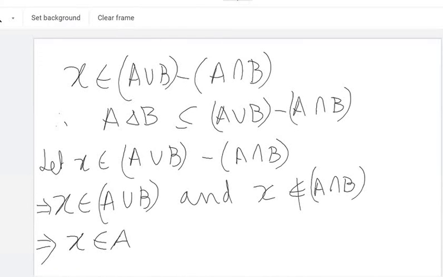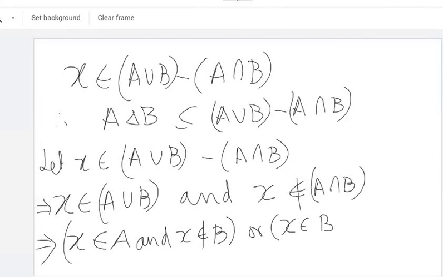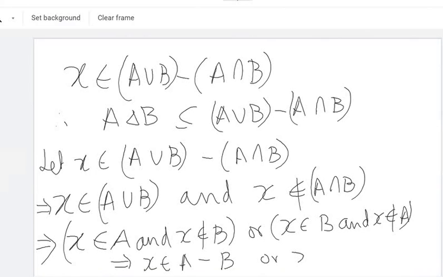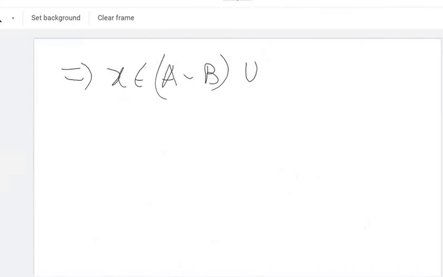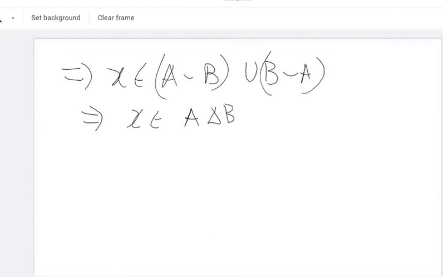No. So X belongs to A and X does not belong to B, or X belongs to B and X does not belong to A. That means X belongs to A minus B or X belongs to B minus A, which implies X belongs to A delta B. So we have shown that A union B minus A intersection B is a subset of A delta B.